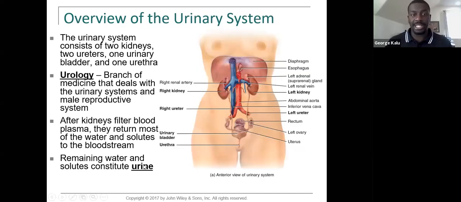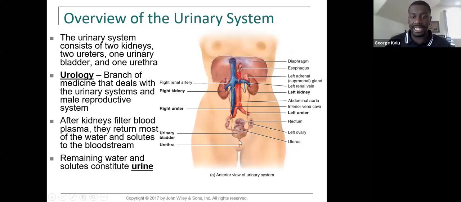First off, starting with the urinary system. The urinary system is made up of two kidneys, one on either side of the body. Coming out of each kidney is a long tube called a ureter. These ureters lead from the kidneys down into a single urinary bladder.